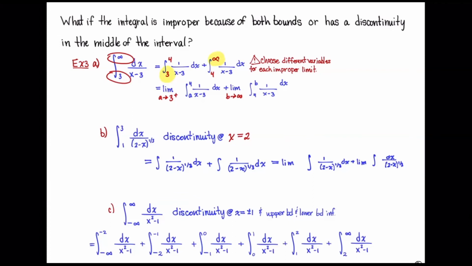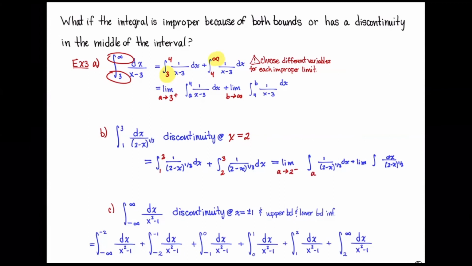So we'll have the integral from 1 to 2 plus the integral from 2 to 3. And introducing our limit notation then, this would be the limit as a approaches 2, and when we're on the interval from 1 to 2, we'll be approaching it from the left.